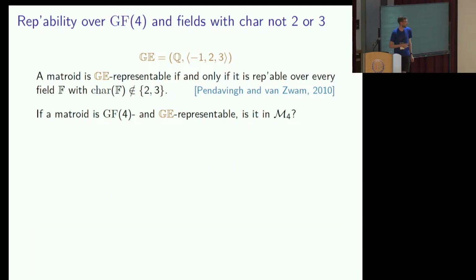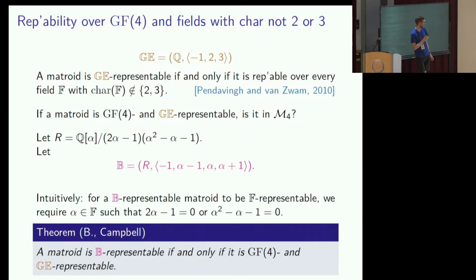We don't have a conclusive answer to that question, but we can say something. And what we can say, again, needs me to introduce yet another partial field. This time we're going to be working over a quotient ring. So I'll take the rationals, polynomials in alpha, and then mod out by 2 alpha minus 1 times alpha squared minus alpha minus 1.